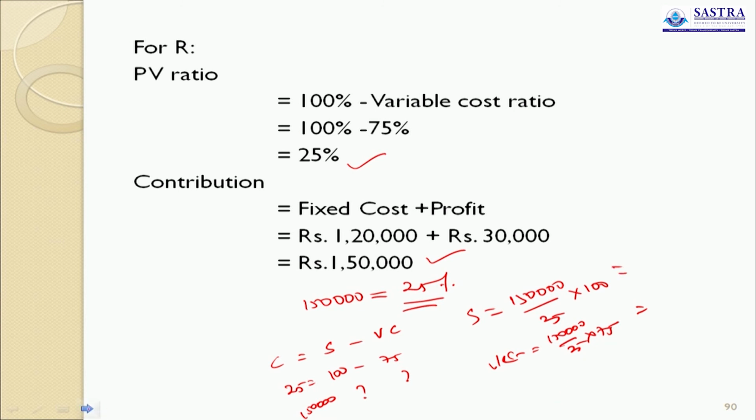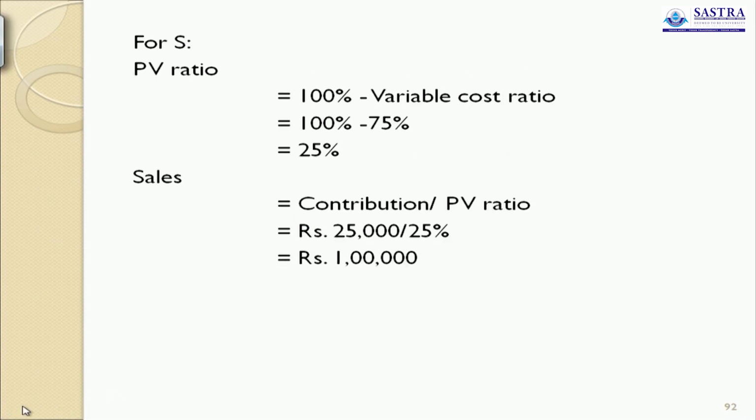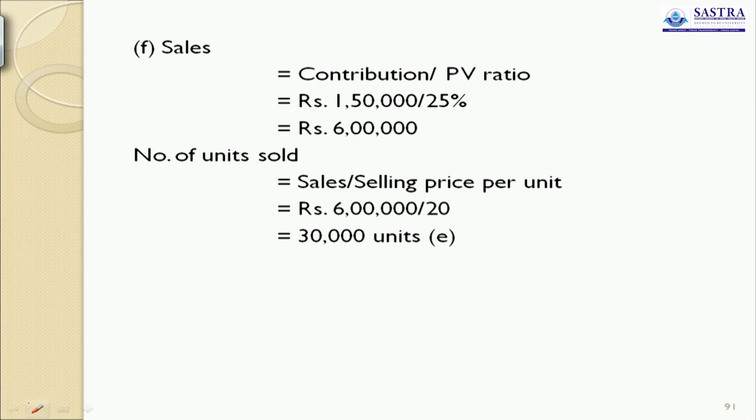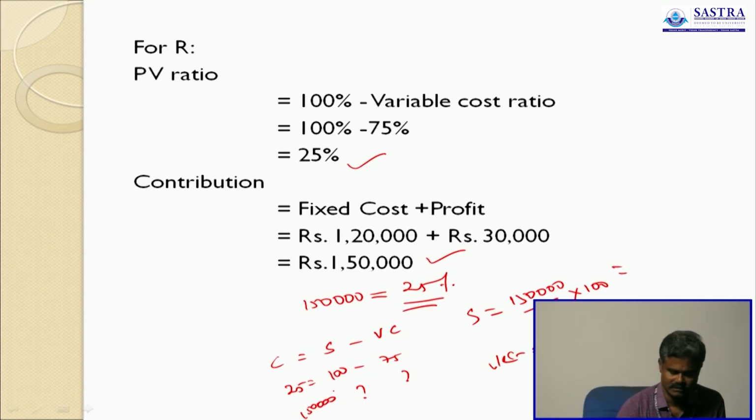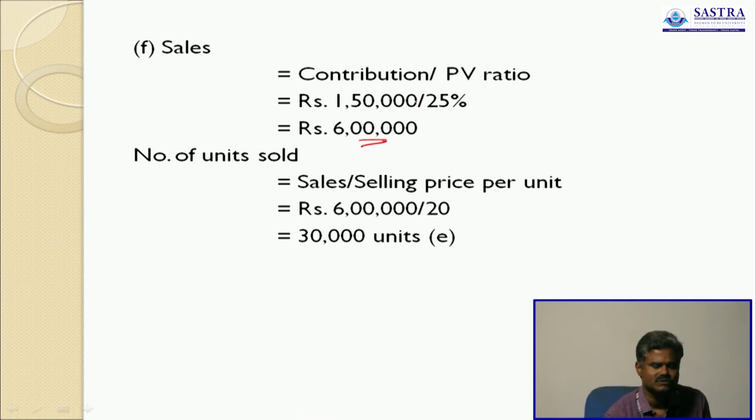So in case R, sales is 6 lakh. It is also calculated like this: 1,50,000 divided by 25 into 100. 25 into 4 is 100, so 1,50,000 into 4 equals 6 lakh.